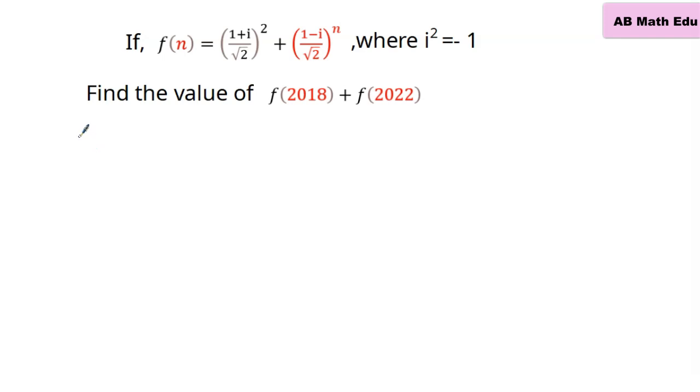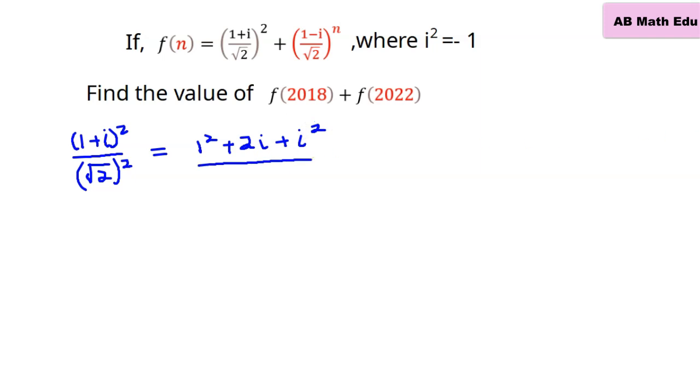If we take (1 plus i) all over root of 2 and square it, we can square the numerator and the denominator. Using the binomial expansion, it's going to be 1 squared plus 2i plus i squared, and squaring the square root leaves us with a 2.